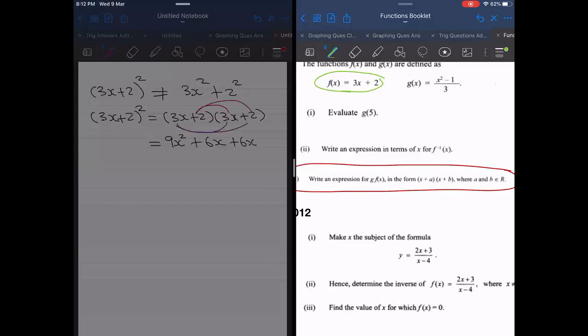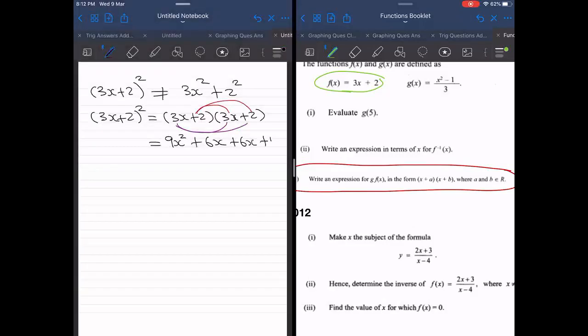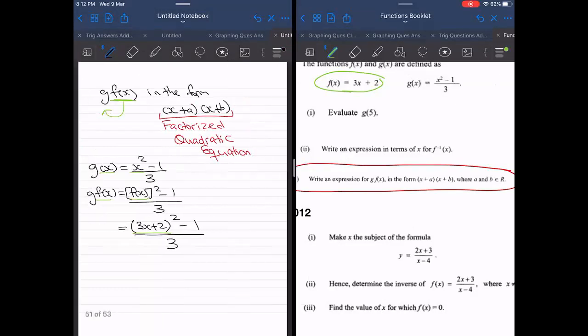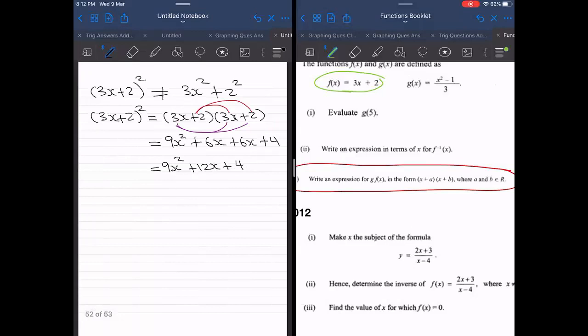And 2 times 2, which will give us 4. So what we really have is 9x squared plus 12x plus 4. That's the portion that was in green, that's what it's going to be equal to. So let me give you a moment to write this down, and then we go back to working the question.